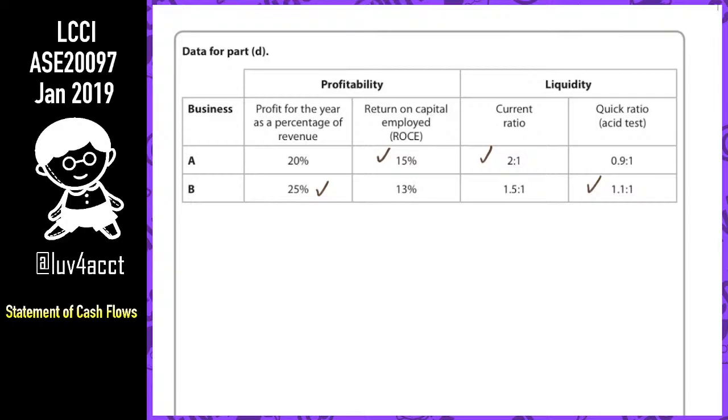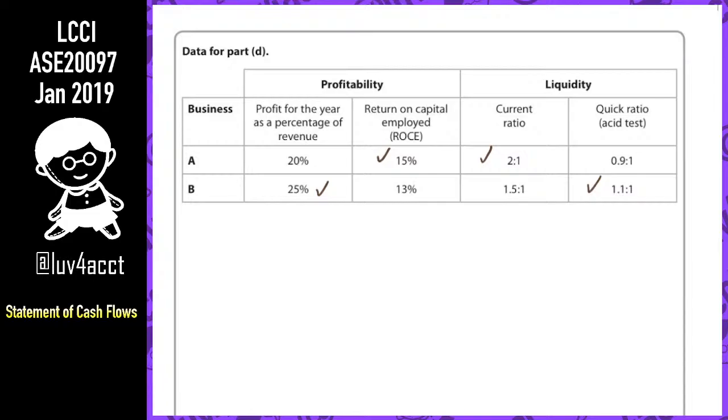For profit for the year as a percentage of revenue, that shows how good it is: we have generated revenue with our cost of sales and with the support of our expenses, of course.